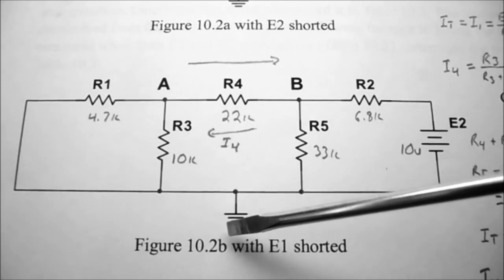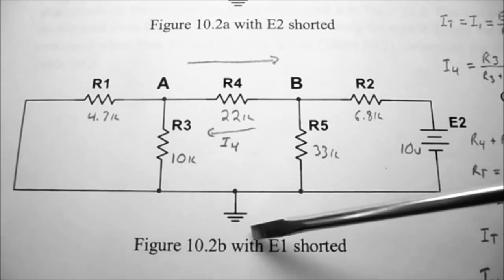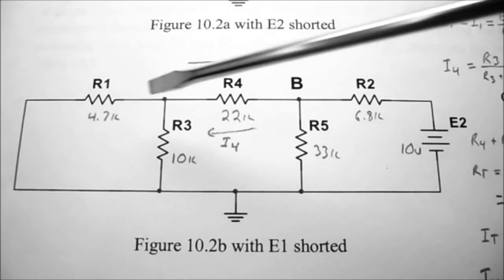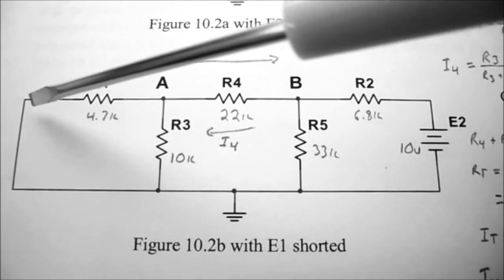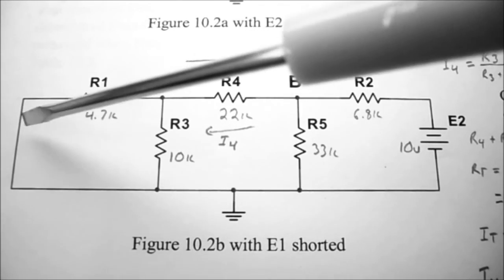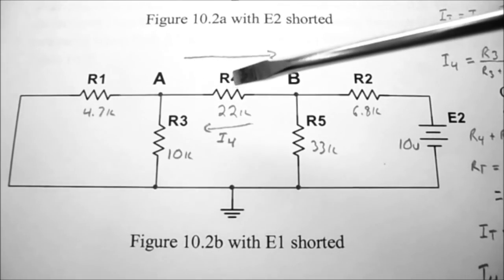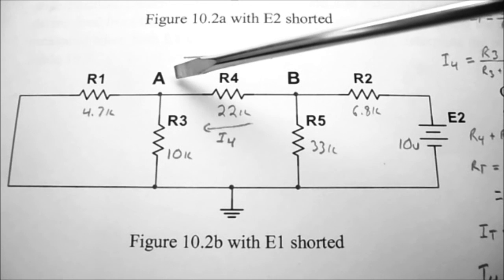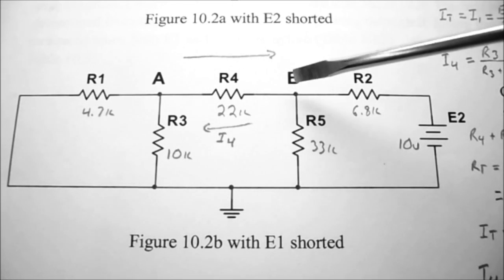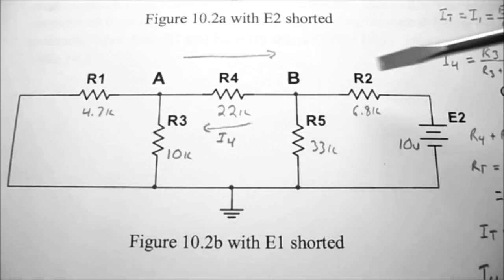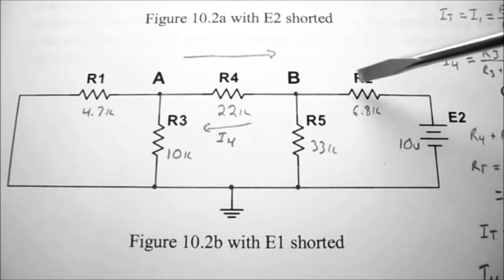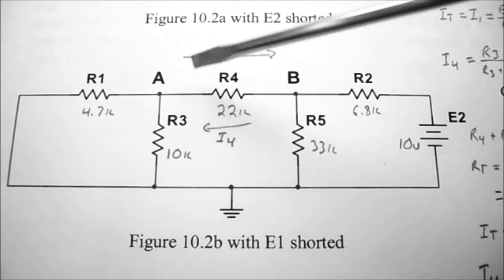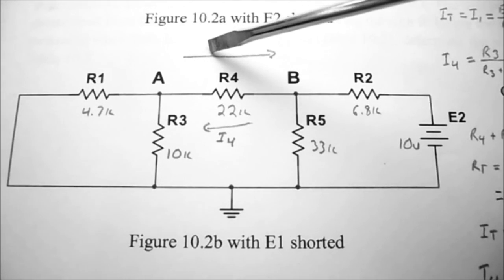So when we look at figure 10.2b with E1 shorted, you can see I've redrawn the schematic and E1 is indeed shorted out. Now we still want to find out what the current flowing from point A to point B is going to be, but because we have a 10 volt supply, the current's actually going to be flowing backwards against our sensing resistor that we started with.